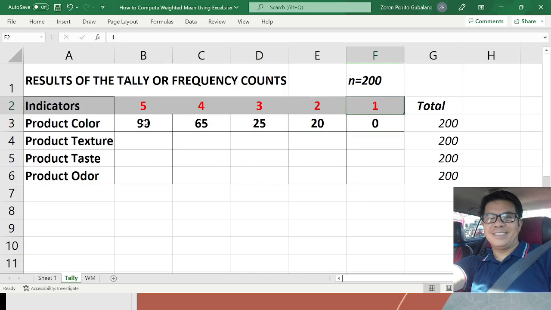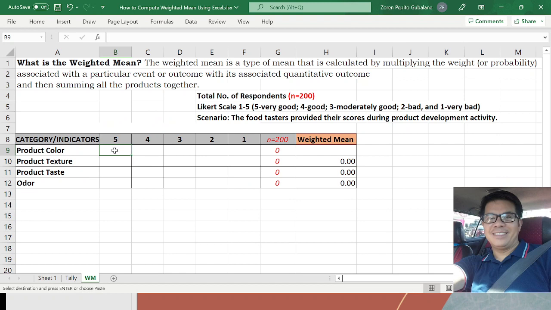For purposes of this activity, let us copy the scores over here to be considered in the computation of the weighted mean using Excel.